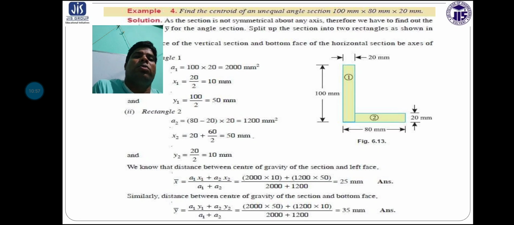That will be for the x axis. So x bar will be 25 millimeter. Next, similarly, the distance between the center of gravity of the section and the bottom face will be a similar method, just x is replaced by y. So y bar is equal to (A1 y1 plus A2 y2) by (A1 plus A2), and the result is actually 35 millimeter.